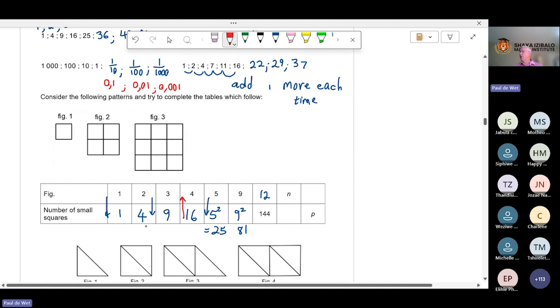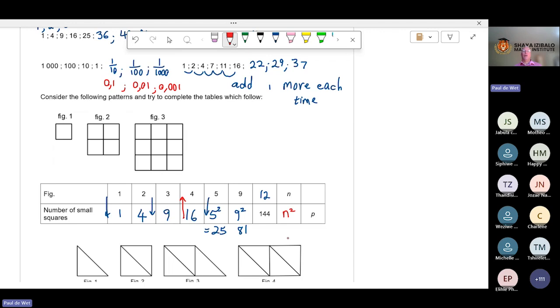Now, we're speaking English at the moment. If we are talking figure n, then how many small squares will there be? We don't want to put a different number here, but what's the rule? What did we do to 12? We squared it. So what must we do to n? We must square n.